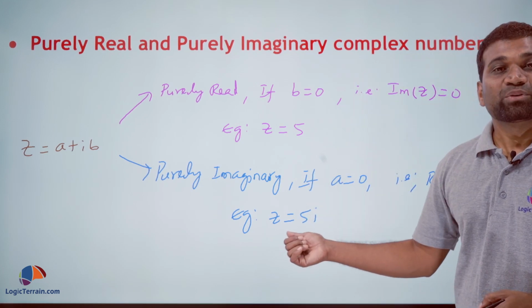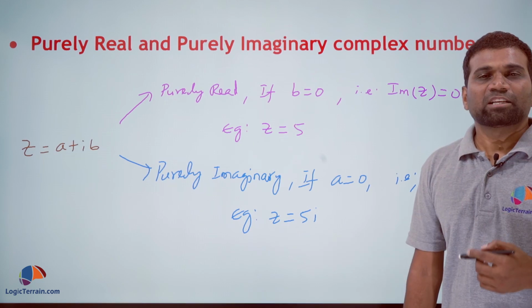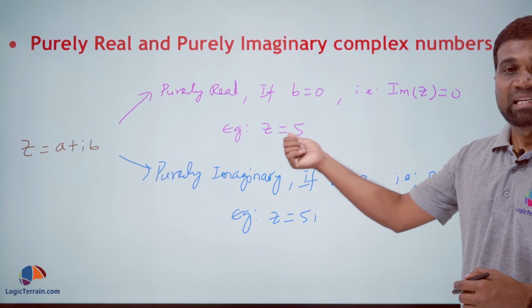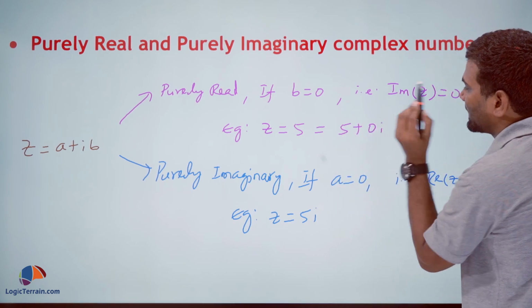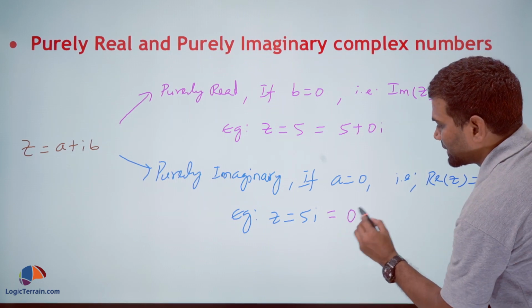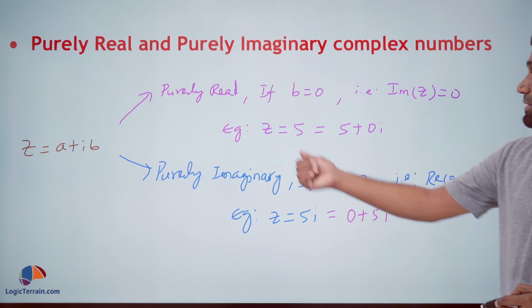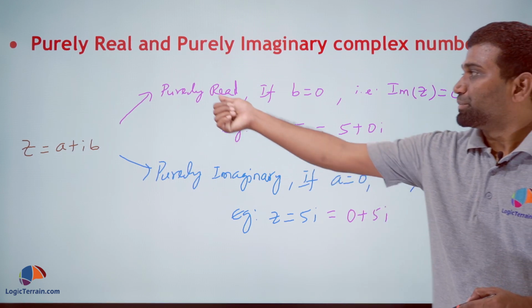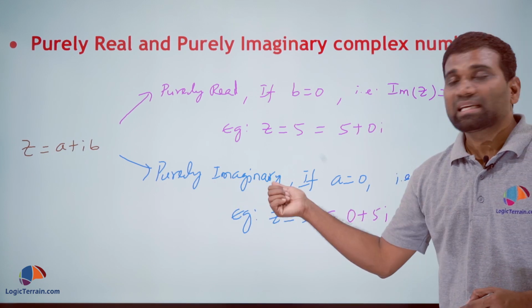This is a purely imaginary complex number. Clear? Here you need to understand this can be written as 5 + 0i and this can be written as 0 + 5i. So z = 5 is purely real and z = 5i is purely imaginary.